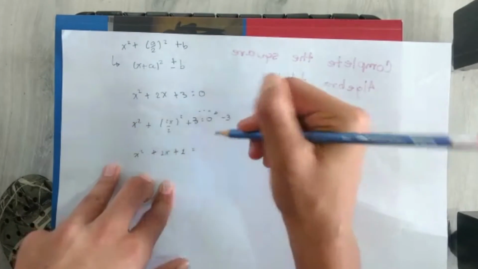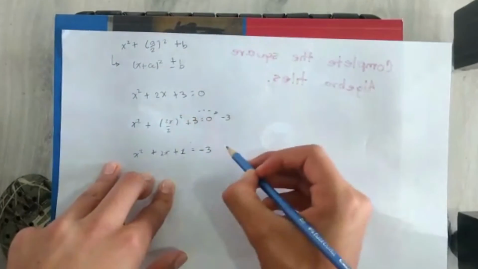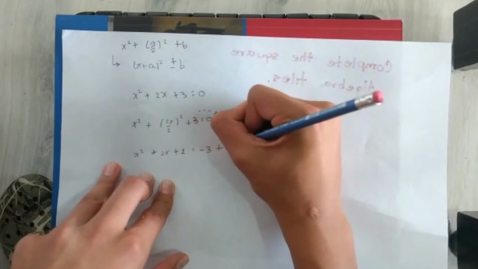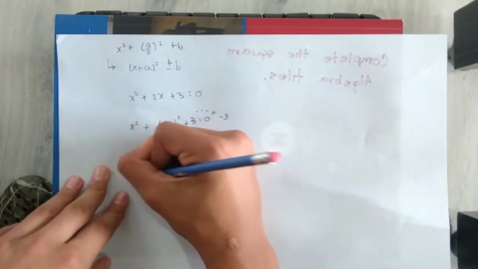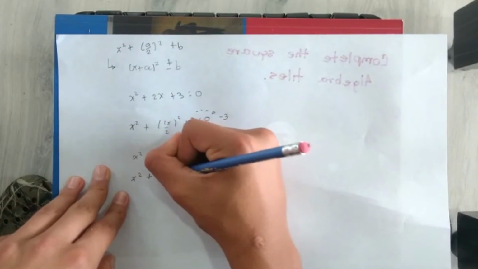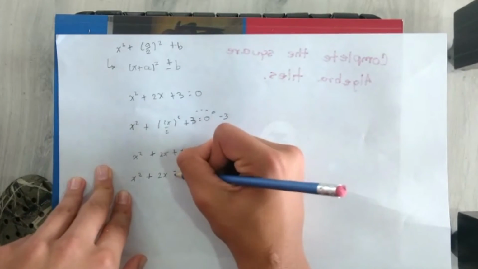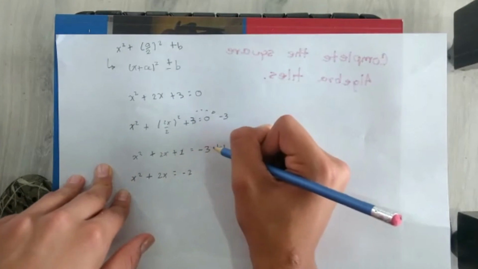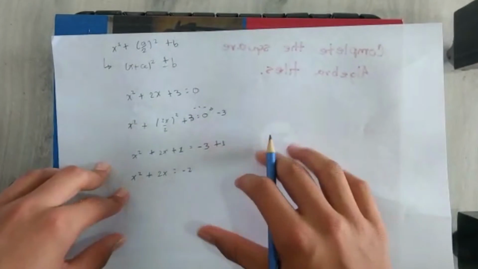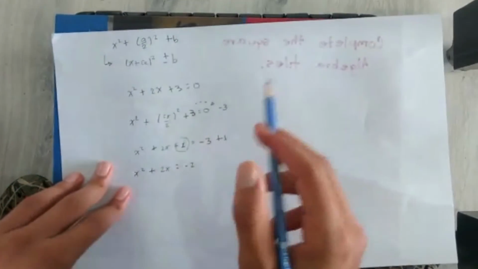That will equal -3, and we have to add again this here. Yeah, plus 1. Here we go. We'll have x² plus 2x. We can take it out. Equals -2, because -3 plus 1 will be -2.